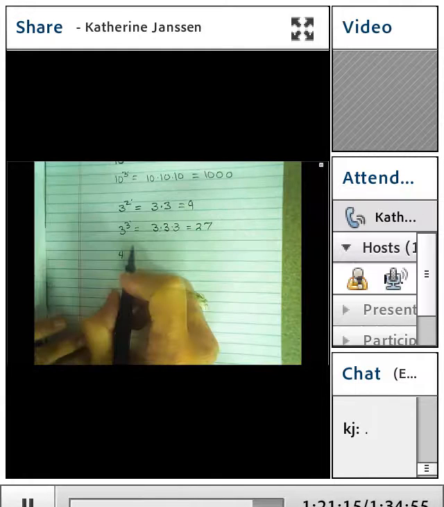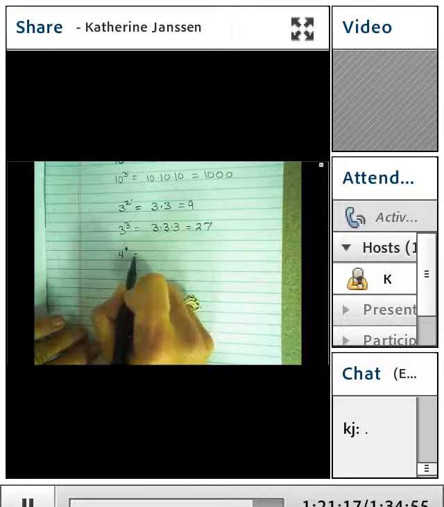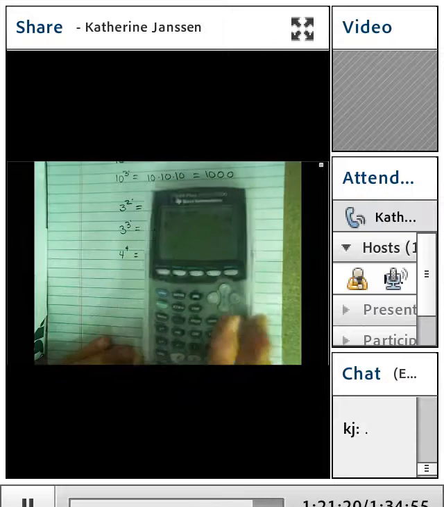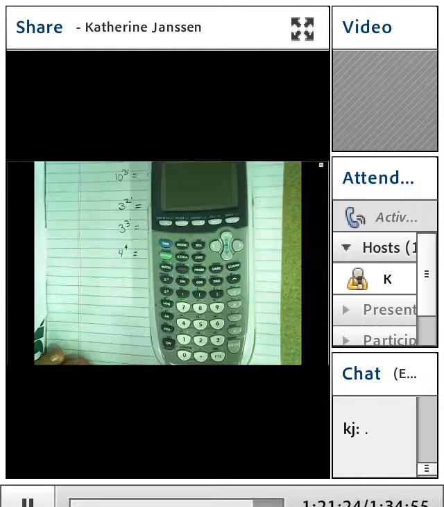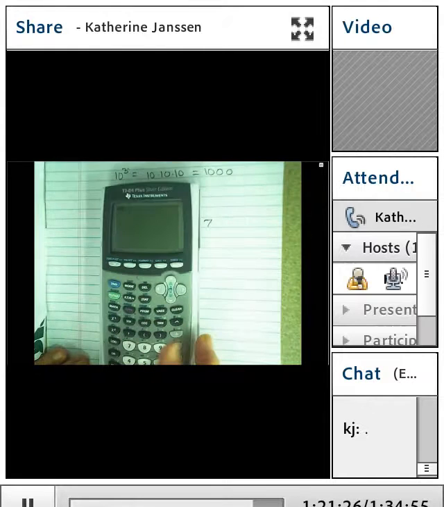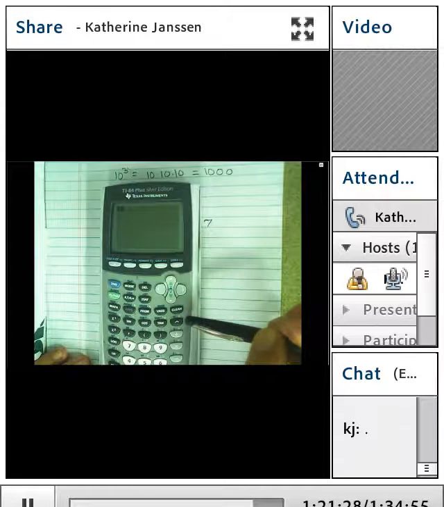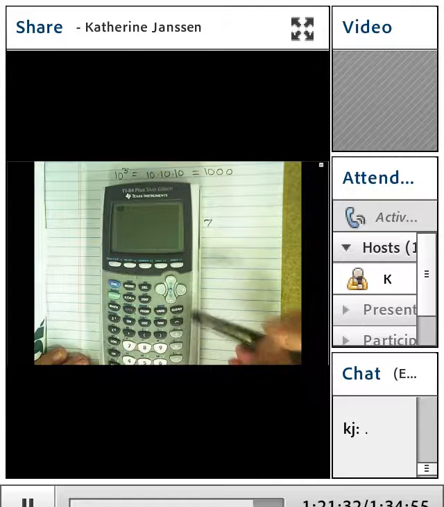How about 4 to the 4th? Well, we can use our calculators now to help us. I have 4. I'm looking for the caret symbol. The caret symbol. It looks like kind of a little teepee.